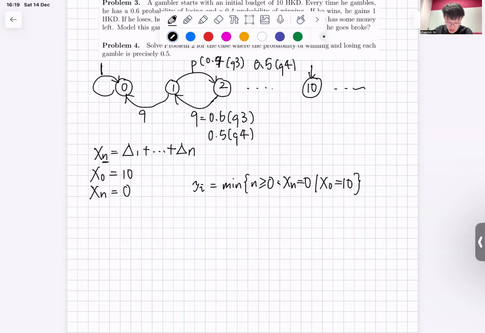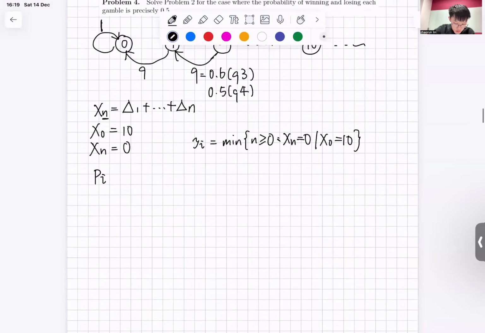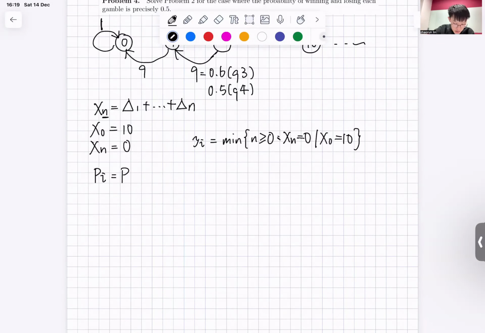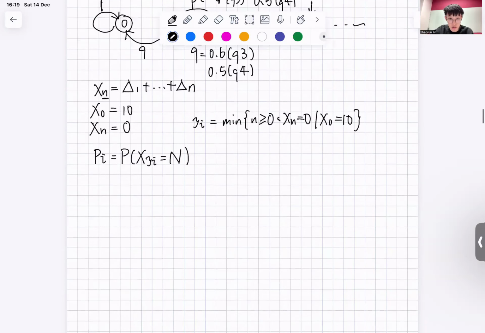We let this be tau. Then we can define another variable. Tau is the minimum number of steps until the gambler is ruined. And we let this probability be that the gambler is still not ruined and has this many Hong Kong dollars.